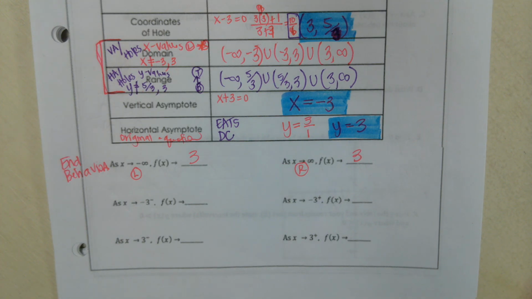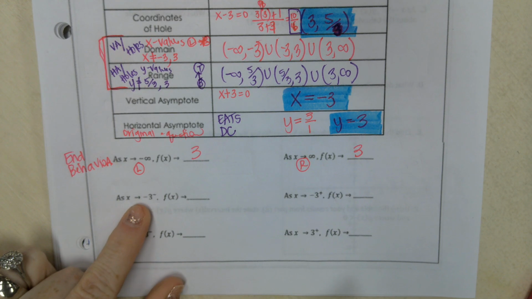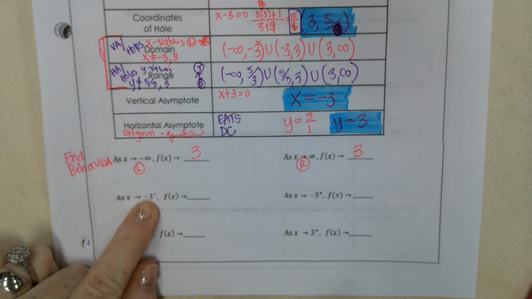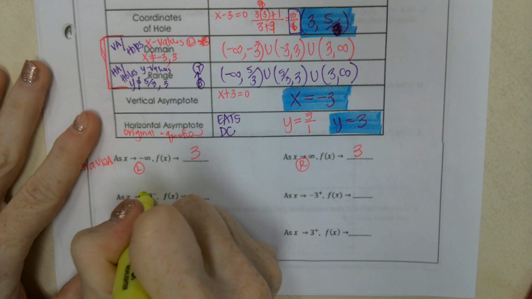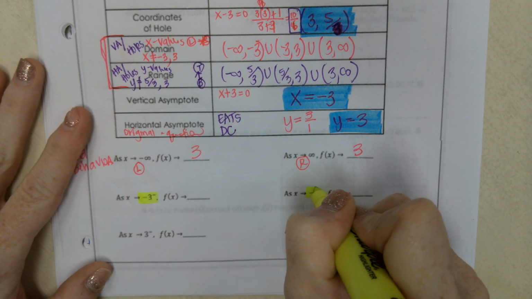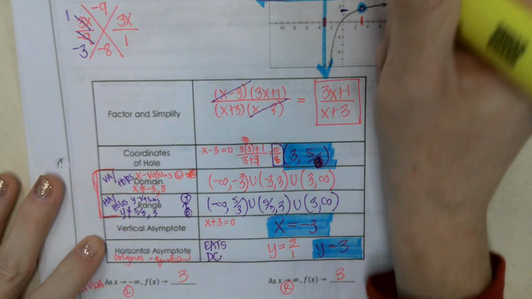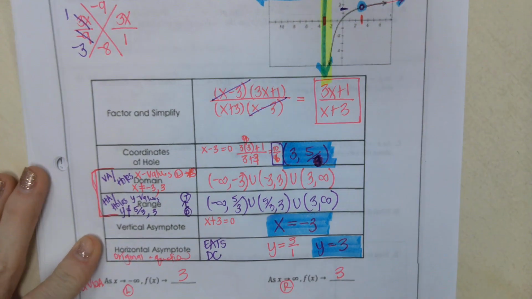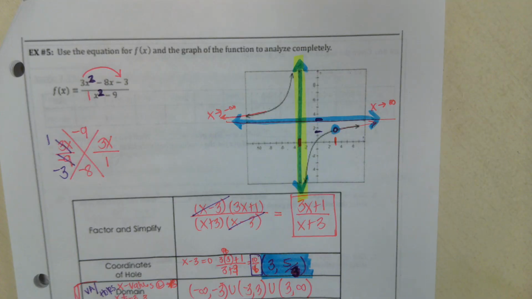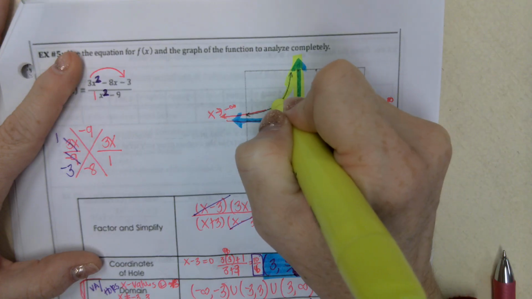All right. Now, the next notation says, as x approaches negative 3 from the left, and this one says, as x approaches negative 3 from the right. Okay, well, here is negative 3. Okay, negative 3 is on my graph right here. Okay, I am looking at the left side.